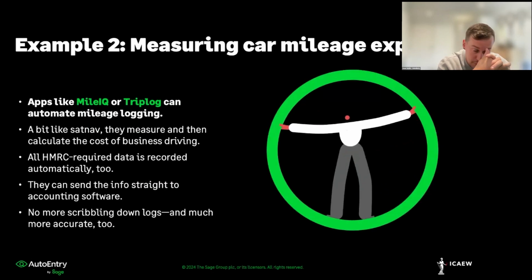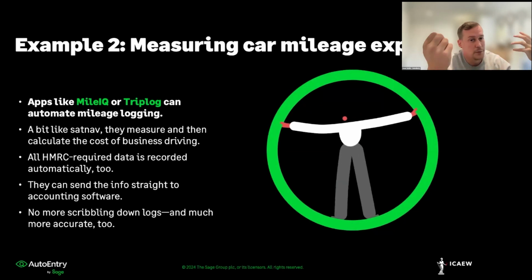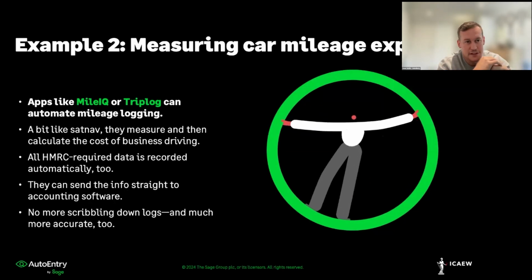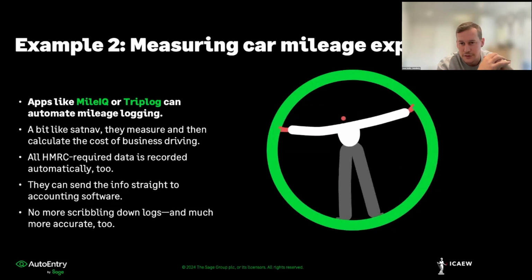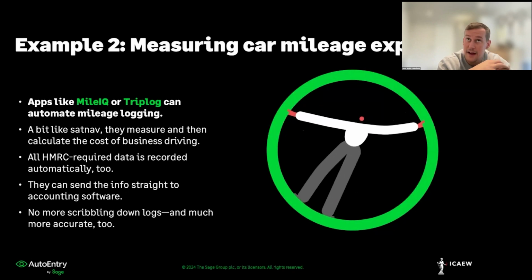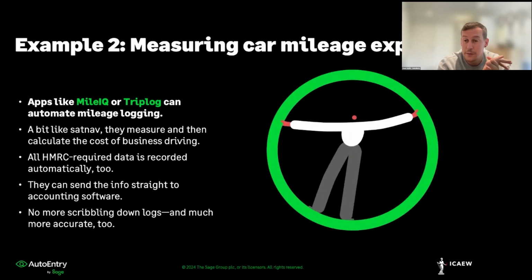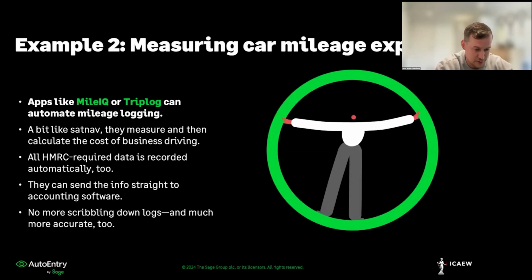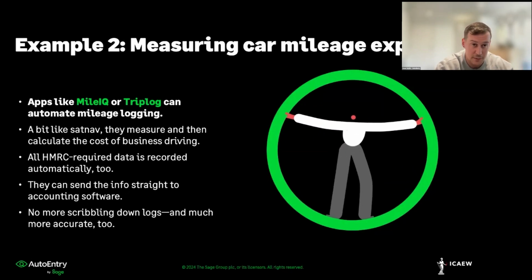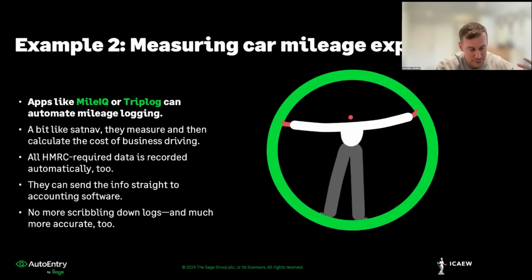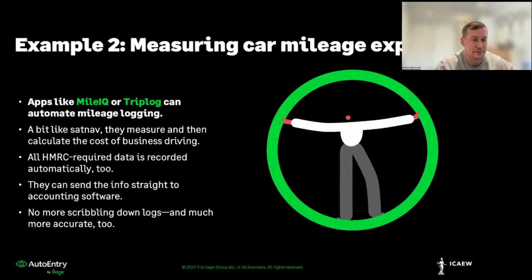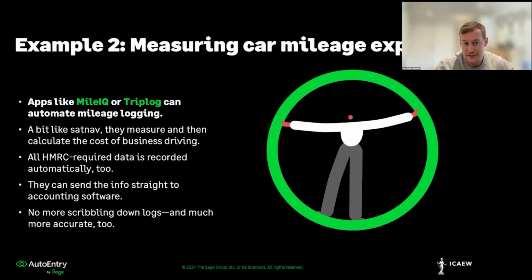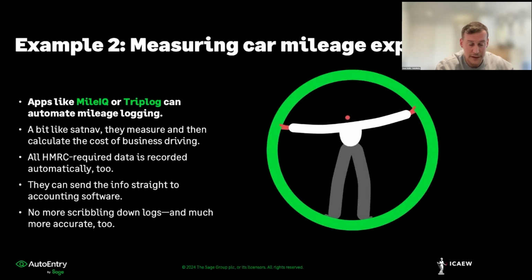Moving on to example two. This is quite a common one: capturing your mileage claims. We don't need to go into too much detail here, but I travelled a lot with work and I still travel a bit with work now. And so our expense system that we use has got this really cool feature called Map It, where I just put in the postcode of my home, which it already knows, and I put the postcode of where I'm going, and it optimizes the route through Google Maps.